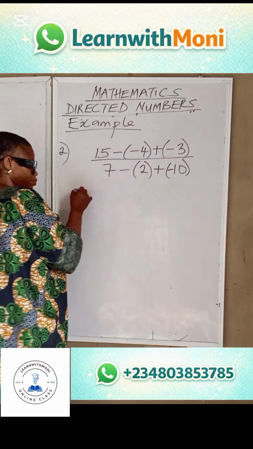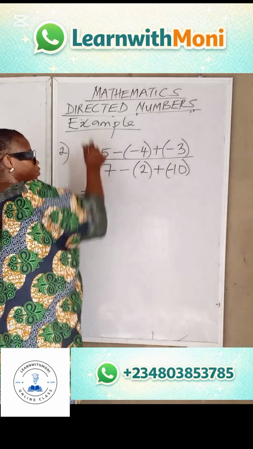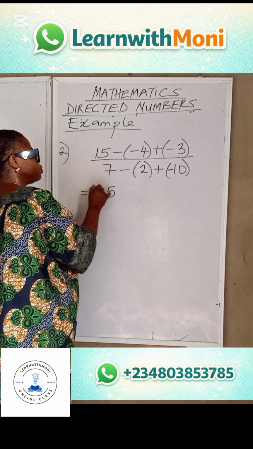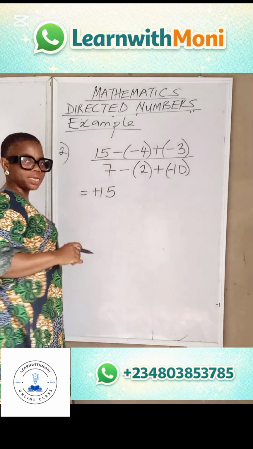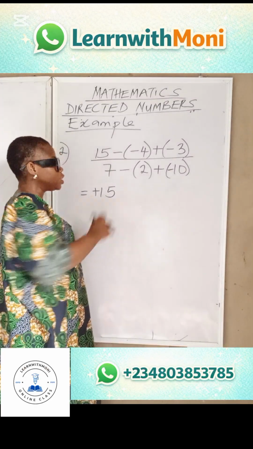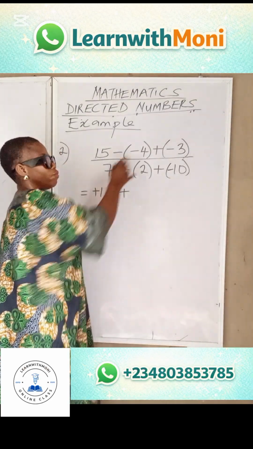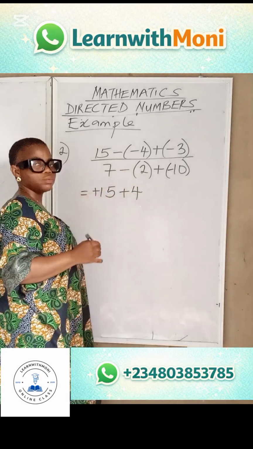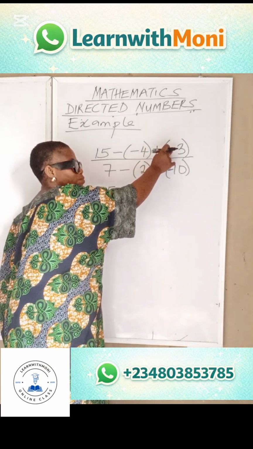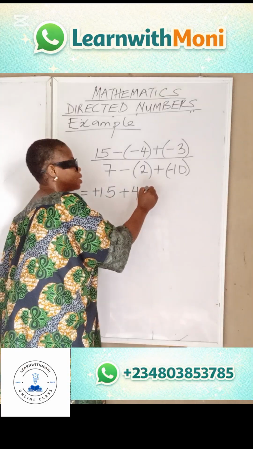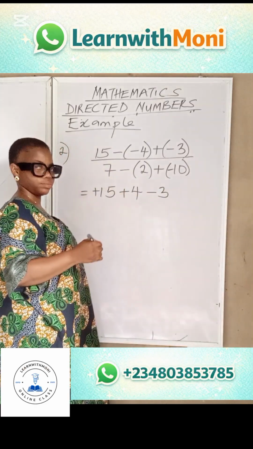At the numerator, I have 15. That is positive 15. Minus into minus means minus times minus, which is plus 4. Plus into minus, that is positive times negative, that is negative 3.